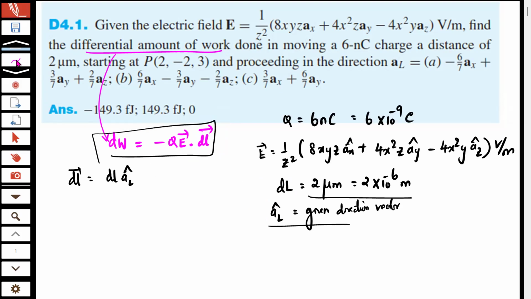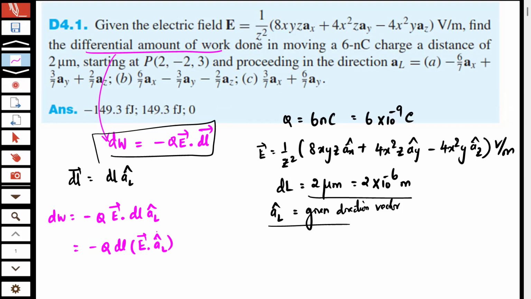So let me write this dW as minus Q E vector dot dL magnitude into aL cap, or we will be writing minus Q dL magnitude E vector dot aL cap vector.